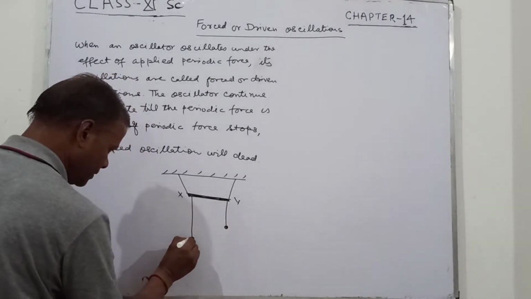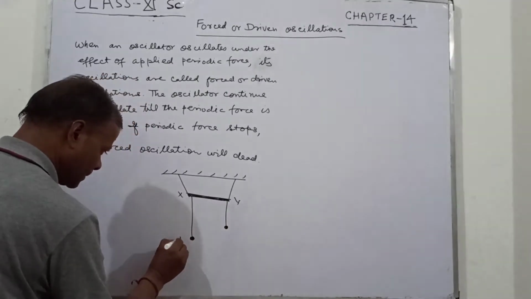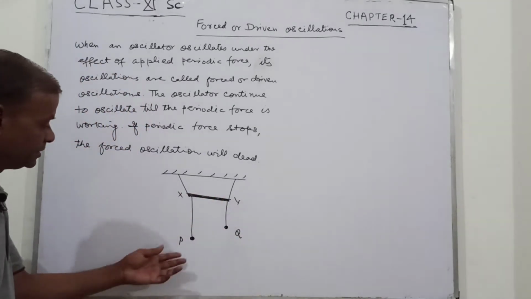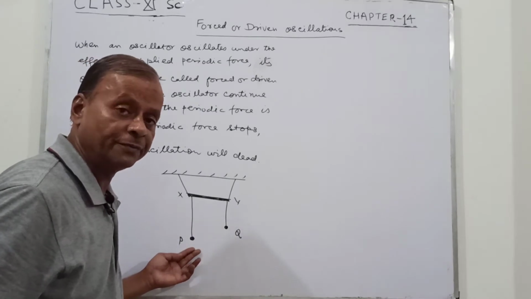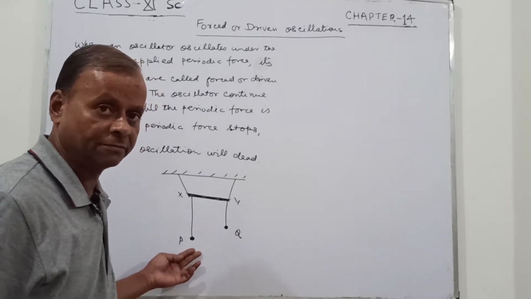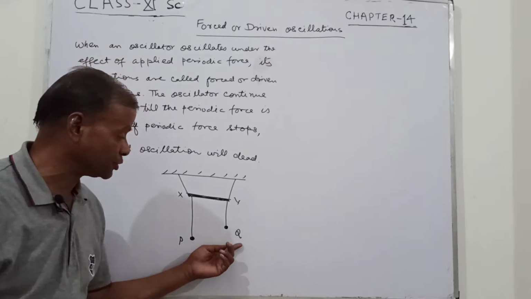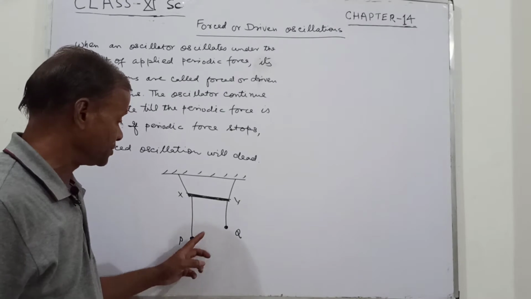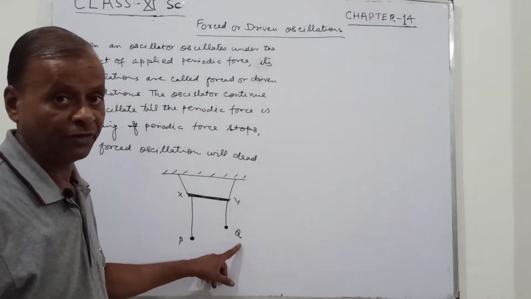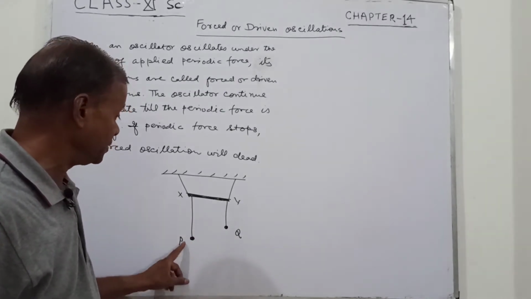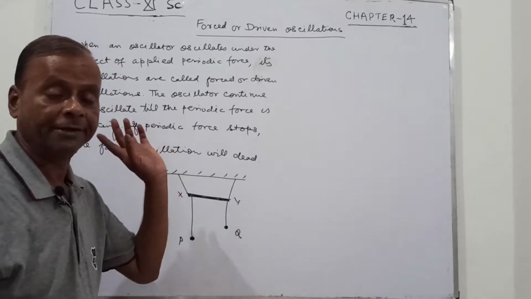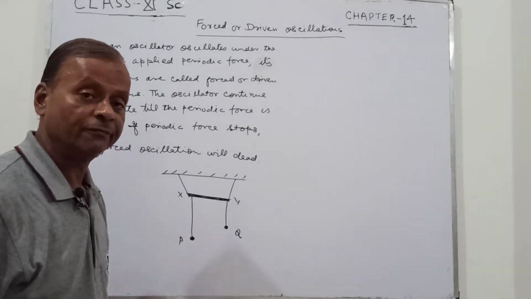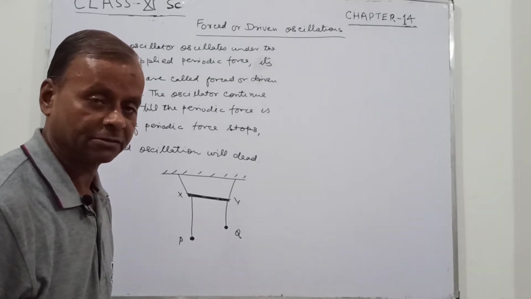This is the pendulum P, and this is pendulum Q. When this P is slightly disturbed from its mean position and left to oscillate, then after some time this Q also starts to oscillate, since the force on Q will act because of P via this strip XY.